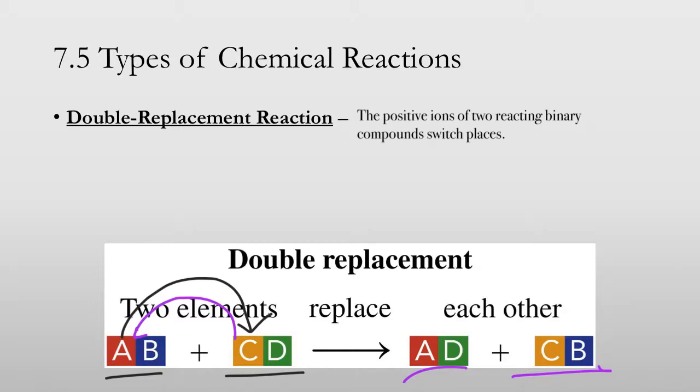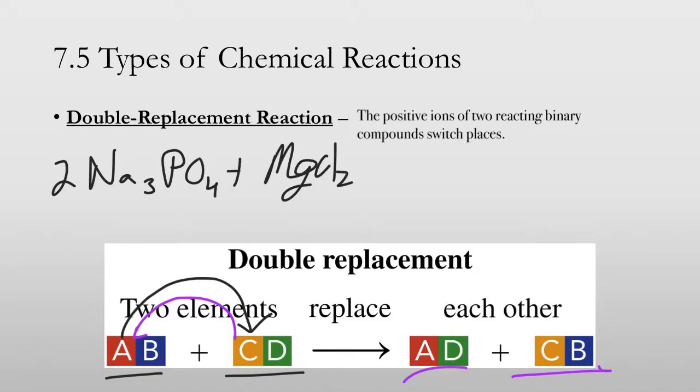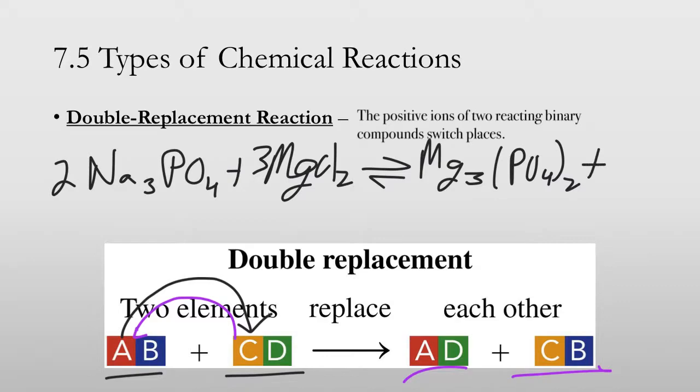An example of a double replacement reaction is given from a previous example in this lecture, but we've got the two sodium phosphates, Na3PO4, plus magnesium chloride reacting, and there's three of those, to make magnesium phosphate, Mg3(PO4)2, and 6 sodium chlorides.